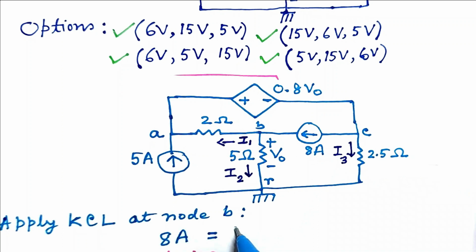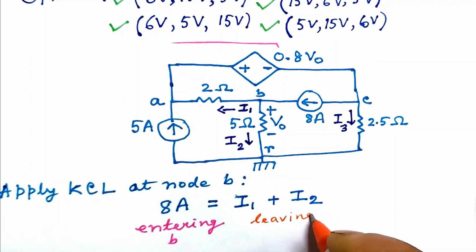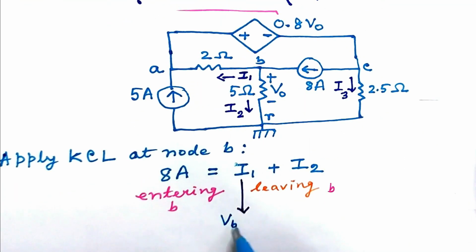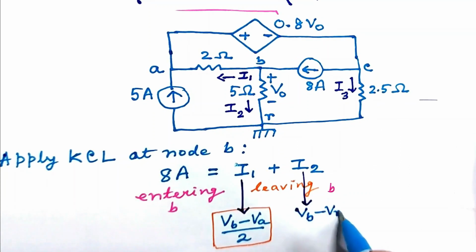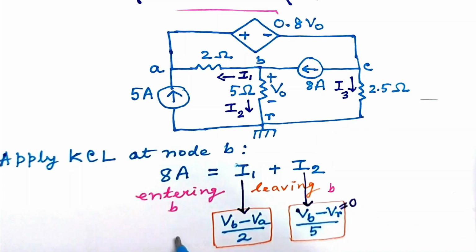The right hand side will be I1 plus I2 and these currents are leaving the node B. What is I1? I1 is VB minus VA divided by 2 and I2 is VB minus VR by 5. We know that R node is the ground and so VR is 0.